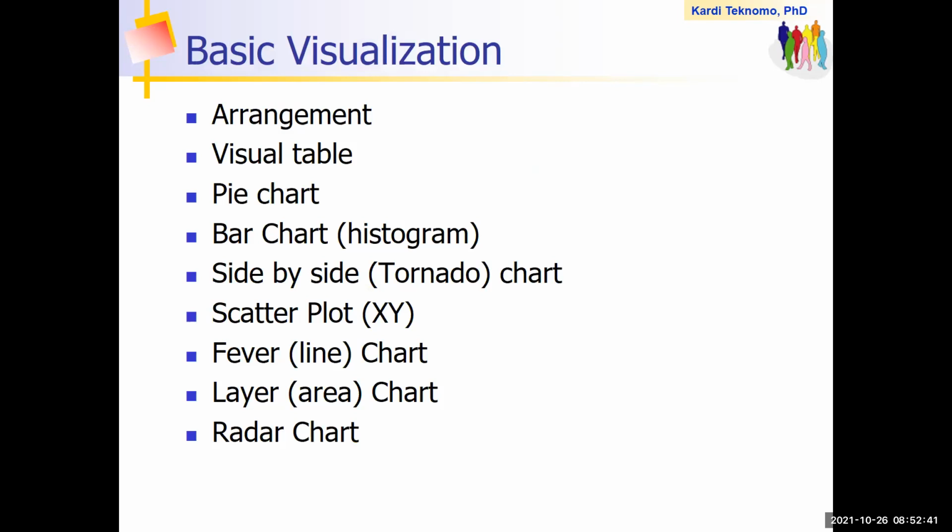Okay, let's go to the basic visualization. So we will talk about arrangement, visual table, pie chart, bar chart or histogram, tornado chart, scatter plot, line chart, and area chart, and then radar. Of course there are many other visualizations, but these are the basic.